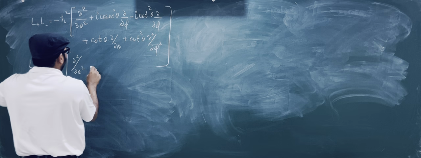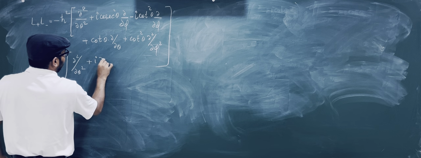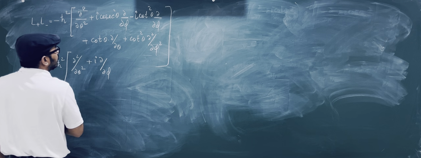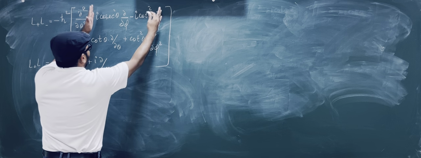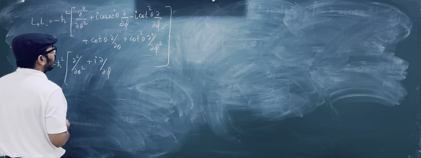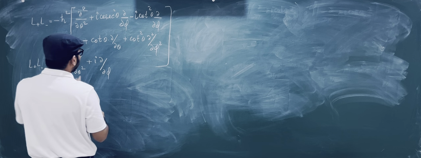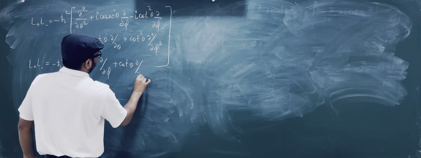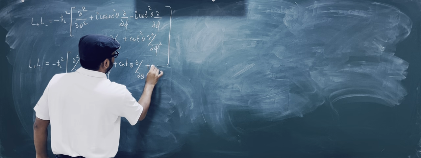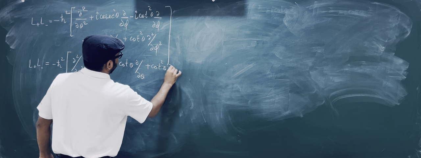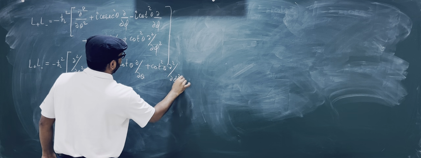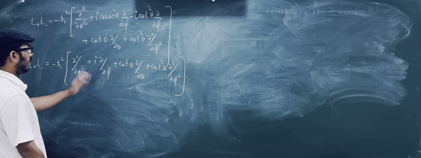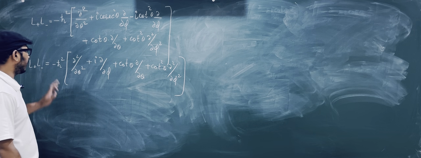So this will become plus i del over del phi, which is a relief to us. This whole term has been converted into this. Now this can be written as plus cot of theta del over del theta plus cot square theta del 2 over del phi square. So we have this term here for L plus L minus.